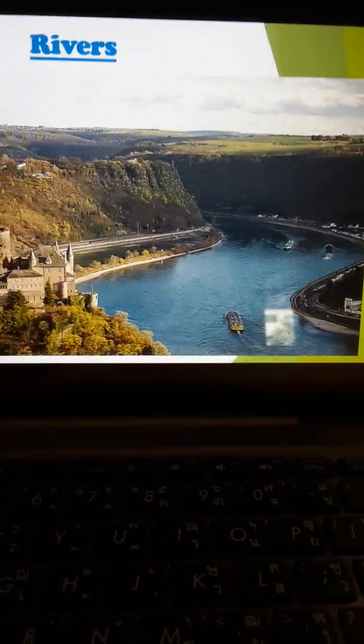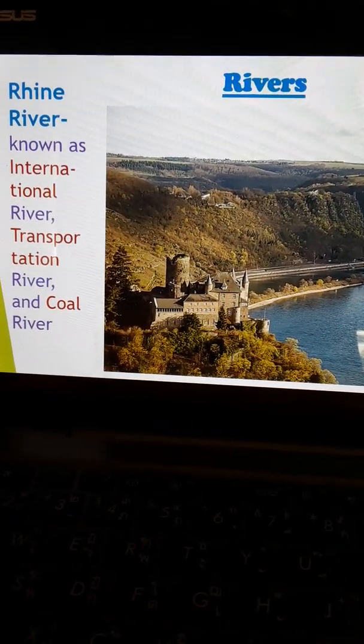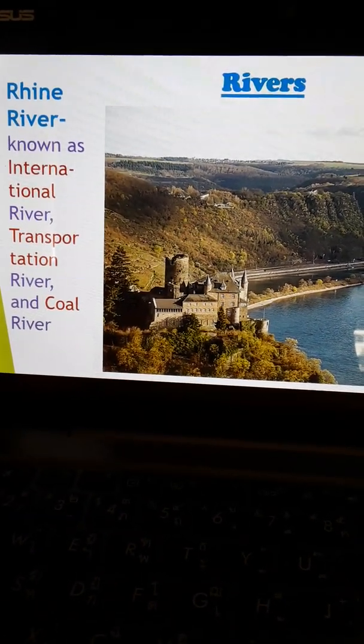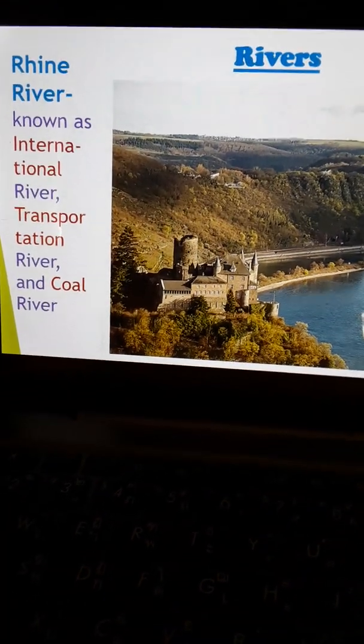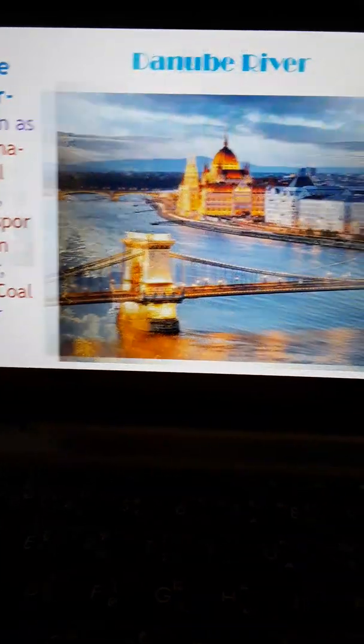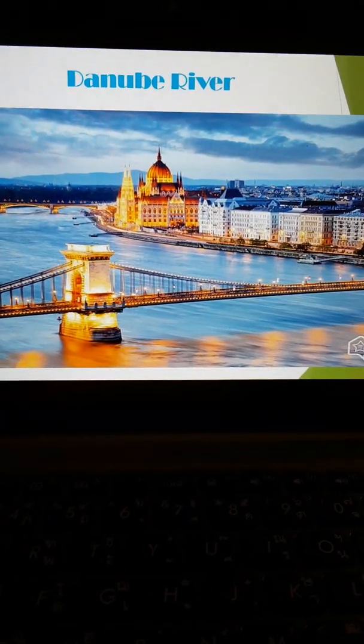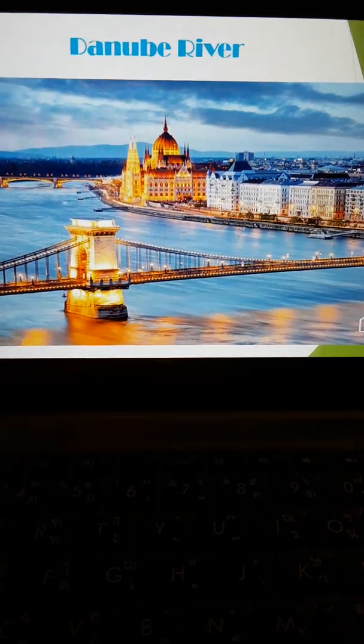Europe is also rich in rivers. An example is the Rhine River, which is known as the international river, used for transportation, and a coal river. Another important river in Europe is the Danube River.